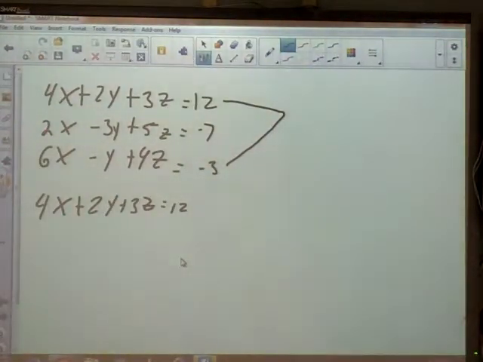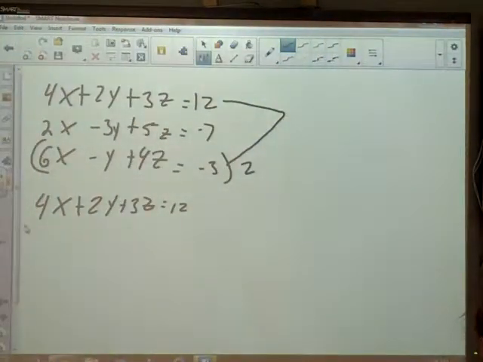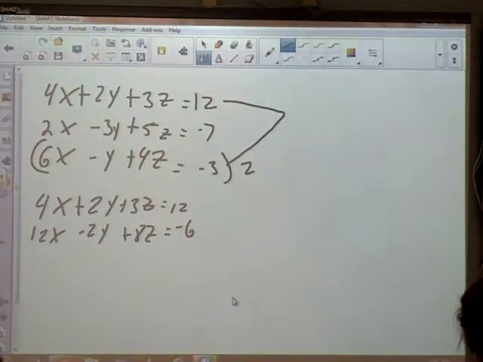To get it to be a 2y, I have to multiply that whole equation by 2. So I'm going to distribute a 2 to that whole equation. So that's going to make that a 12x minus a 2y plus an 8z. Don't forget the negative 3 equals negative 6. Alright, so we're good to go on that.